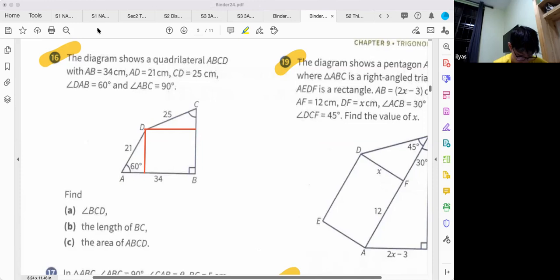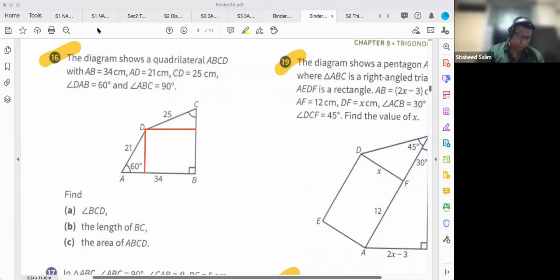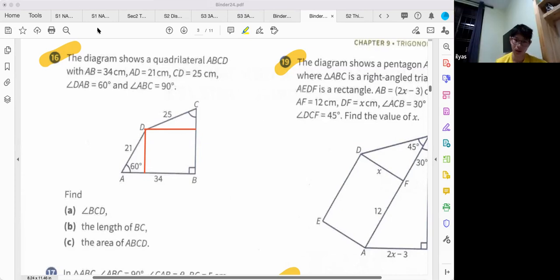Hypotenuse over juice. Okay, what's your angle for BCD?